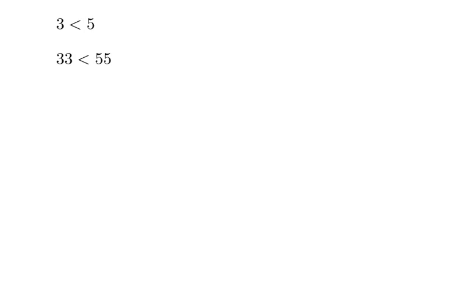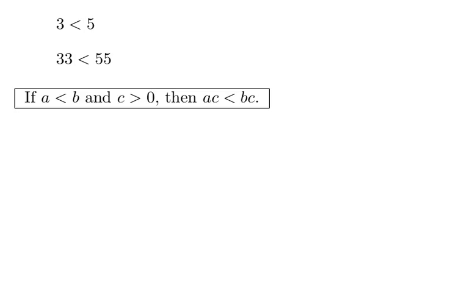which is that if A is less than B and C is greater than 0, then AC is less than BC. I have that written down wrong in my notes. So, good thing I caught that. Okay, but I don't have this written out quite the way I want to yet.